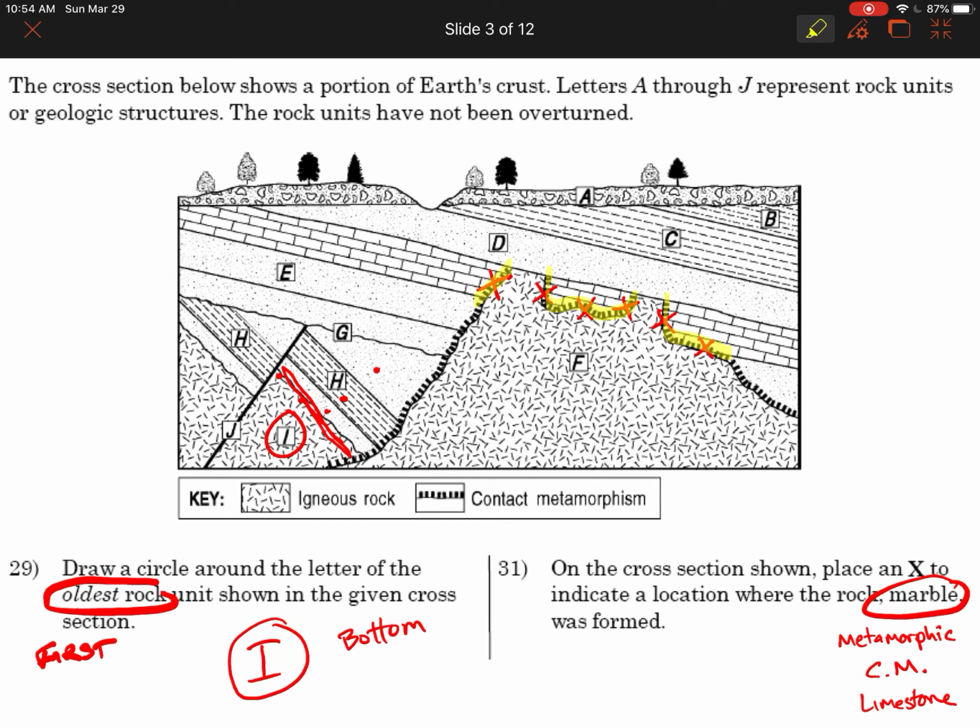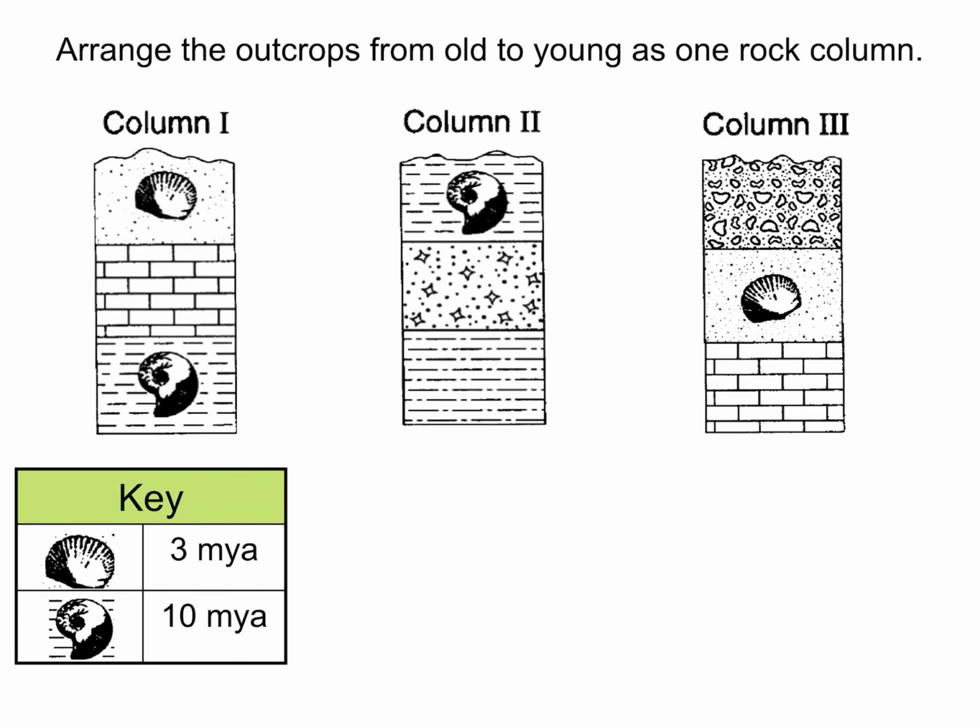Okay, moving on. Arrange the outcrops from old to young as one rock column. Now, the fossils that you see here are index fossils.